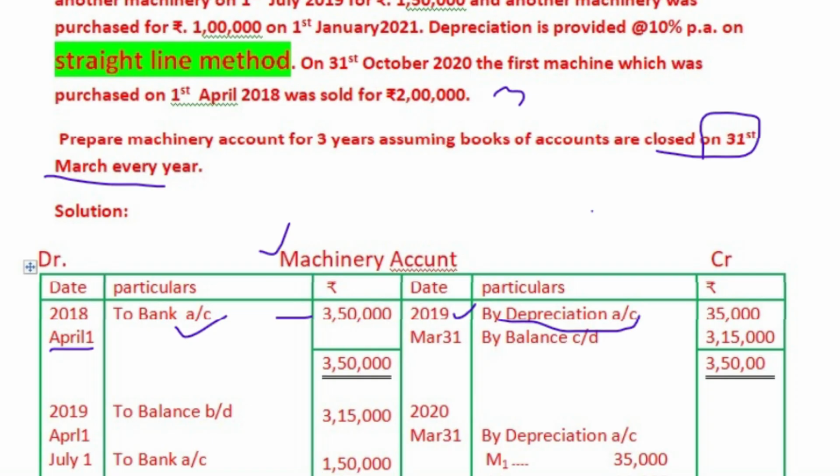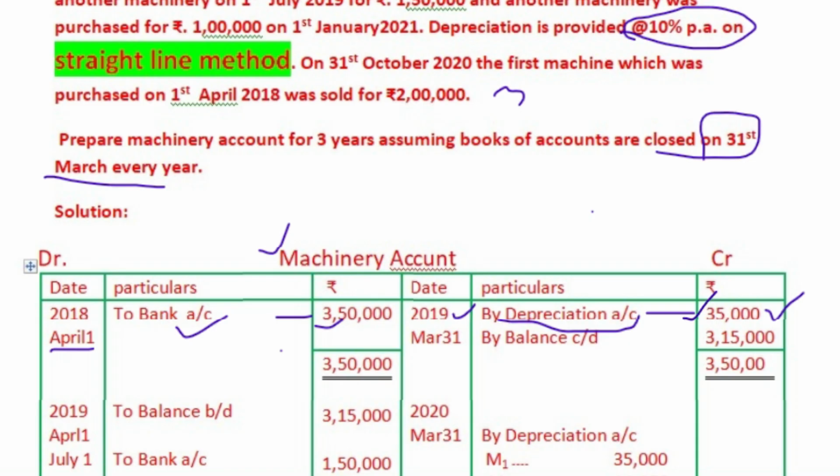The amount of depreciation, 35,000, is calculated based on this information. The rate of depreciation is 10%. So 3,50,000 at 10% is 35,000. Thereafter, balancing of the account: debit side is 3,50,000, credit side is only 35,000, so obviously the debit side is greater than the credit side.